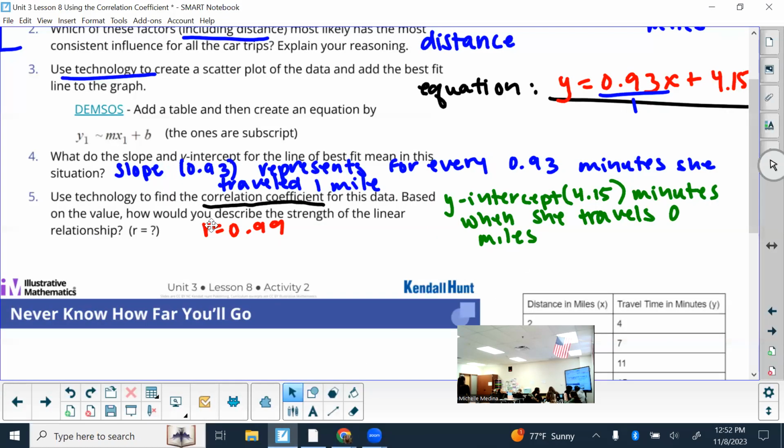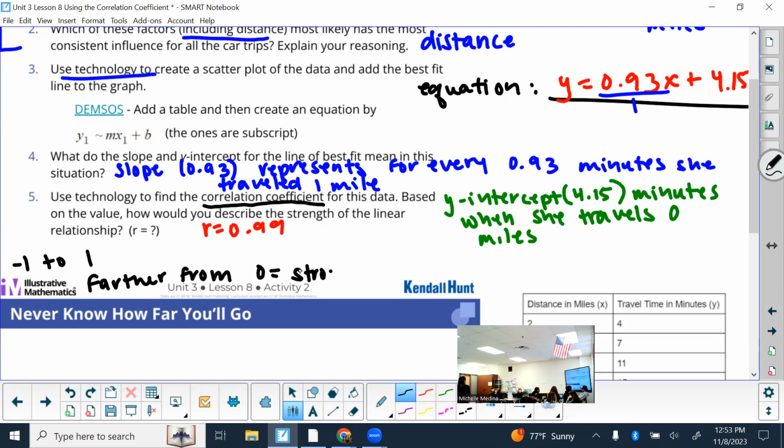Now from lesson 7, you'll get what that means about the data. So in lesson 7, you will learn that the correlation coefficient goes from -1 to +1. And that the farther it is from 0, the stronger the linear relationship.